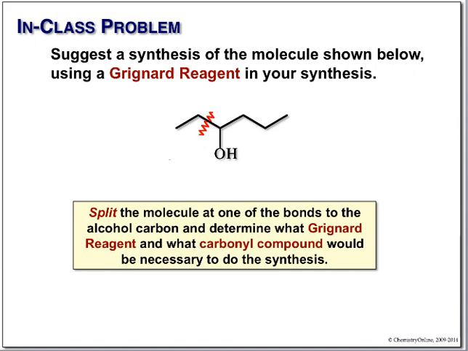So our carbonyl compound was an aldehyde. Our Grignard reagent had 2 carbons. So something like bromoethane would work. This is simply an aldehyde with a 1, 2, 3 carbon chain attached to it.